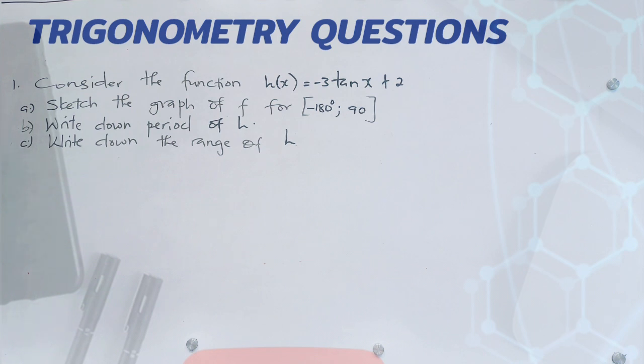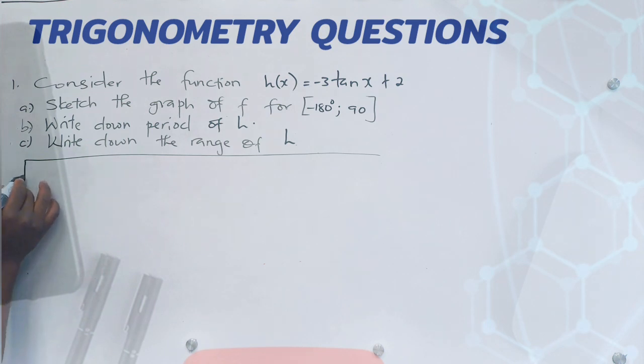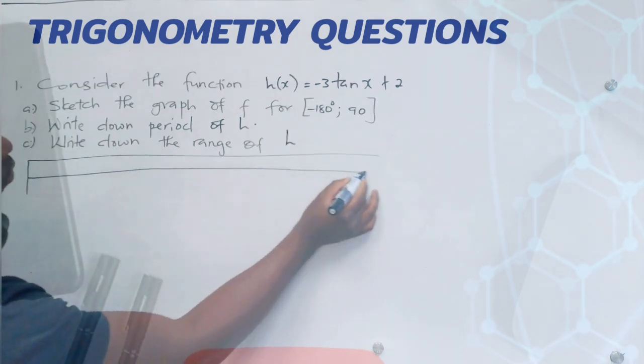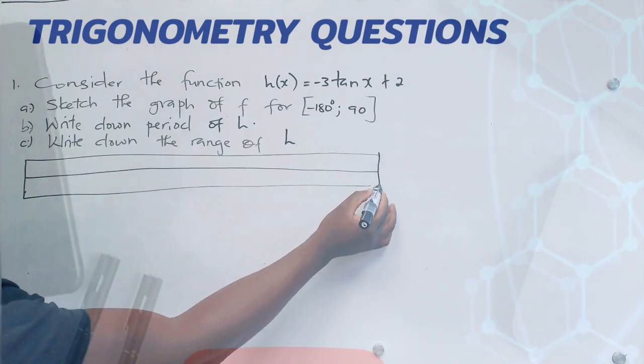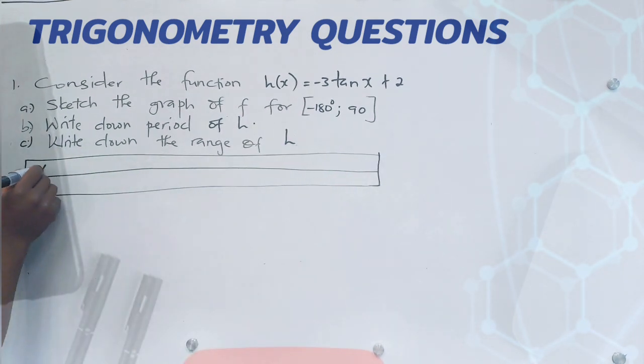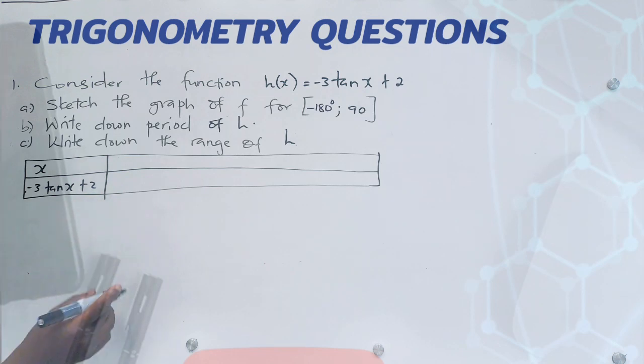So we can draw a table. For this one, we can use an interval of 45, 45, 45.